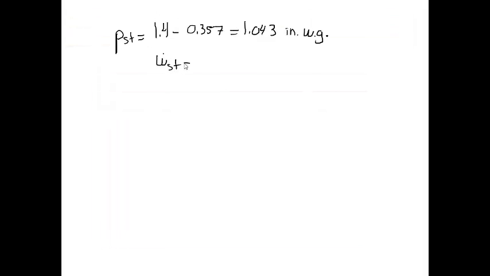From there, I can get my static work: my flow rate times my static pressure divided by 6350 gives me about 0.28 horsepower.